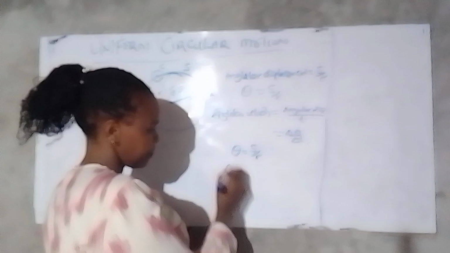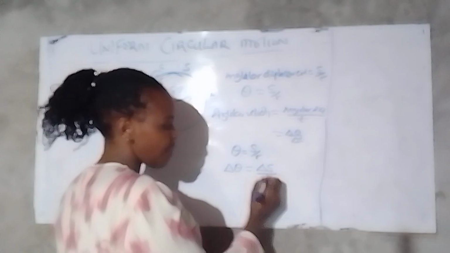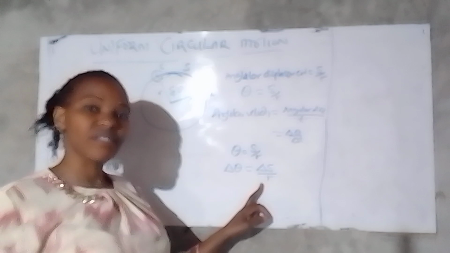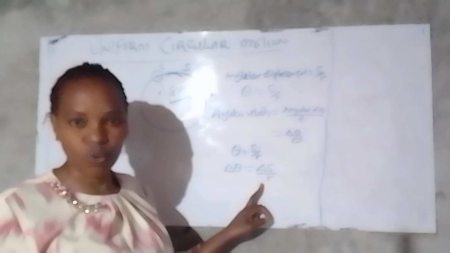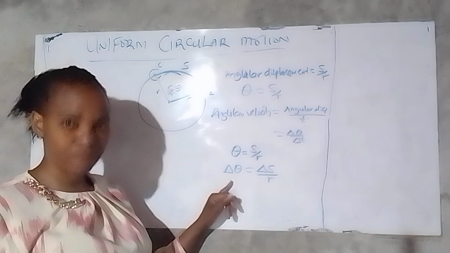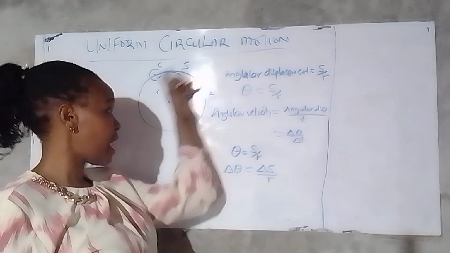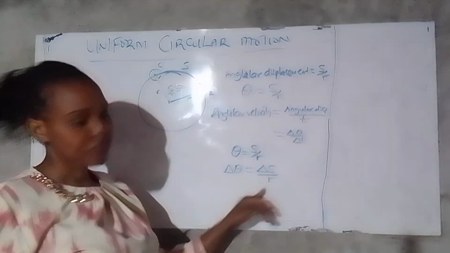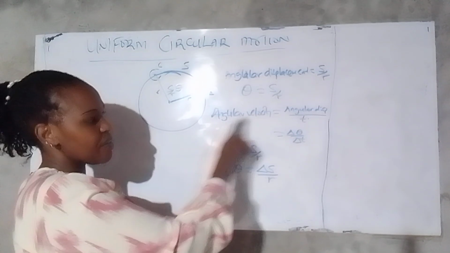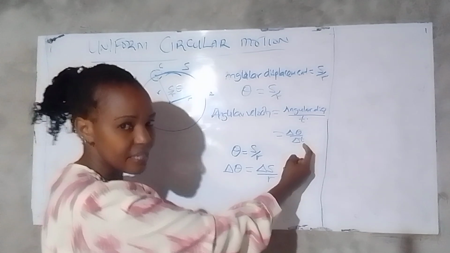So change in theta equals change in s over r. I didn't put change in r because r is a constant. The radius of the circle does not change. But angular velocity is change in angular displacement divided by change in time taken.